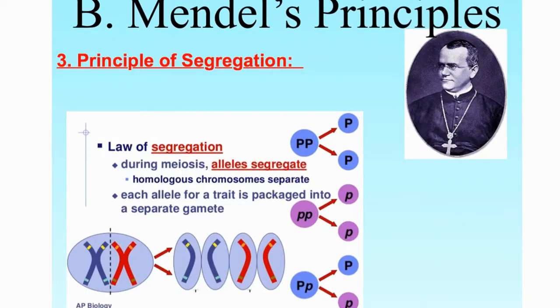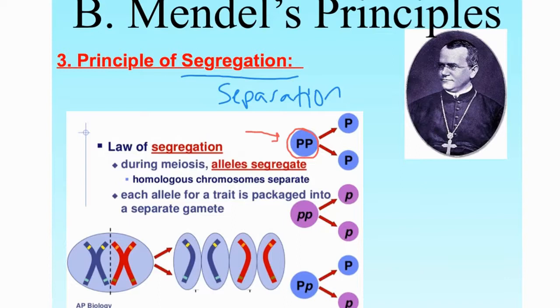And Mendel's third principle is his principle of segregation, which basically means separation. So, remember, in your genotype, you have 2 of each allele. So this one right here is homozygous dominant. It's got 2 capital P's.